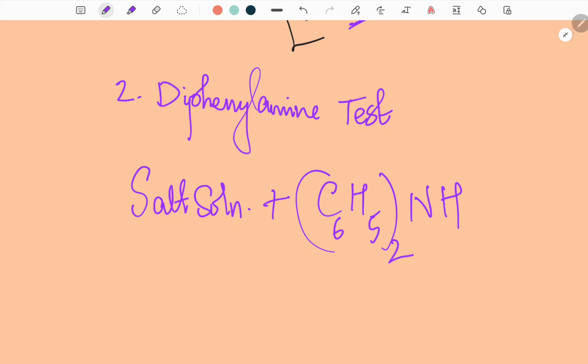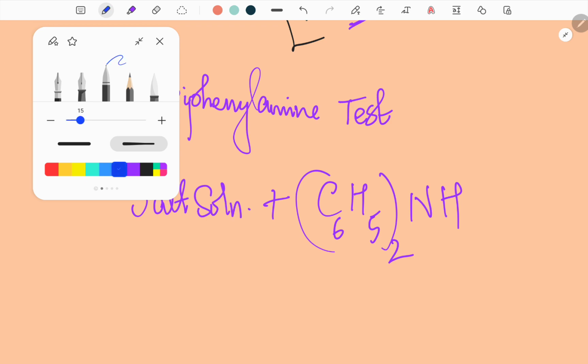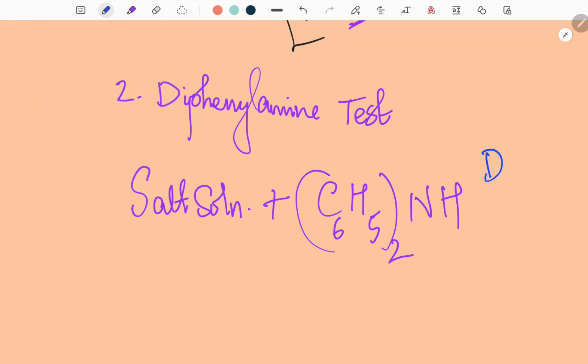It is an aromatic amine, and it is used for this particular test. Now when you're adding the diphenylamine, if you are able to observe a deep blue coloration, then that means nitrate ion is confirmed. That is the confirmation.